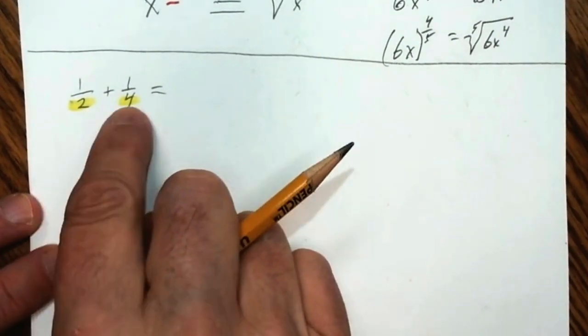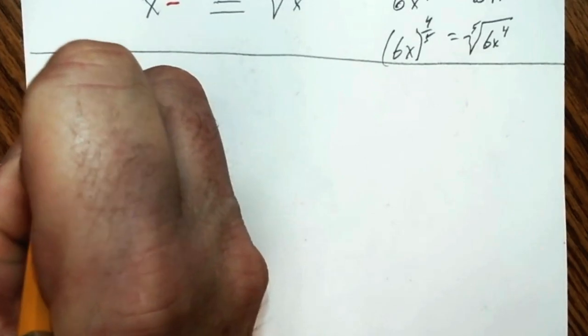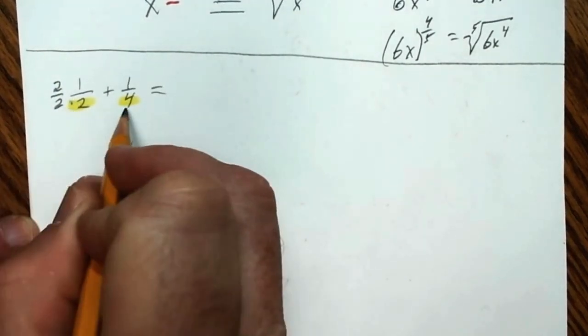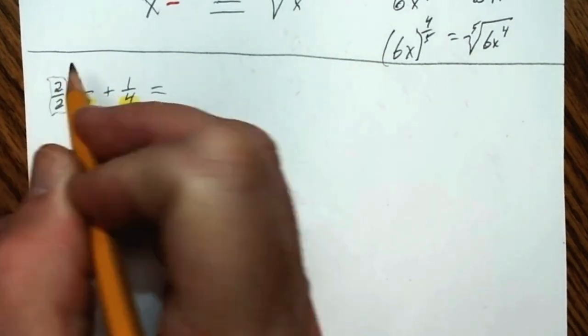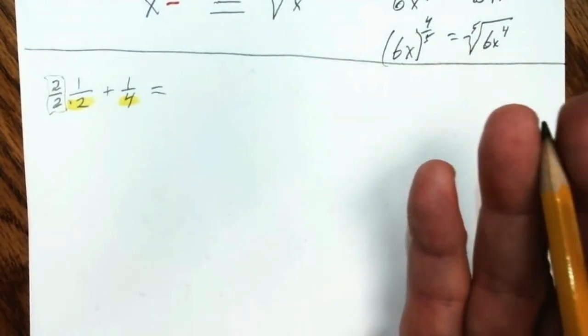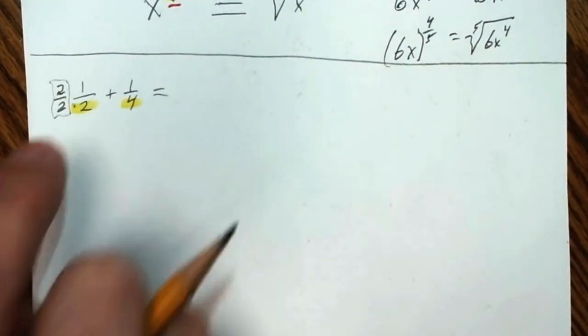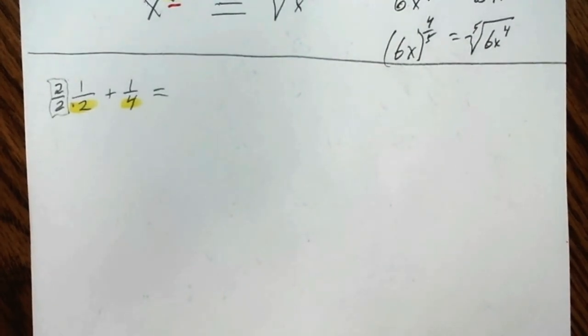So 2 goes into 4, so we need to multiply this by 2/2, because 2 times 2 would give us the 4. And what is 2/2? That's just 1, right? Anything divided by itself is just 1. So I'm just multiplying this number by 1, which means I have not changed it. I've only changed how it looks.